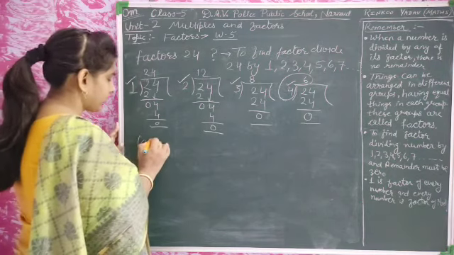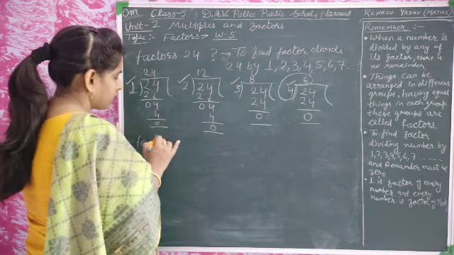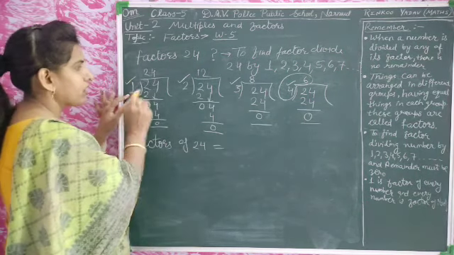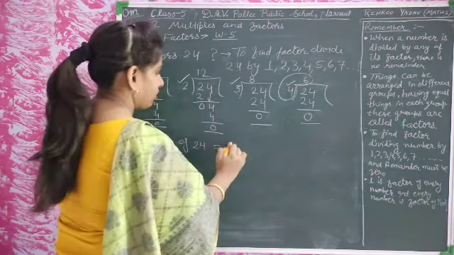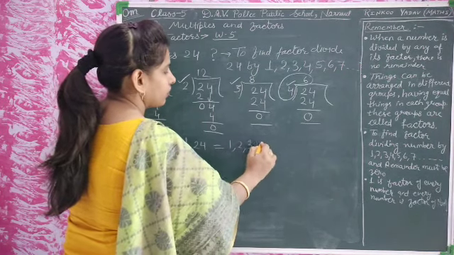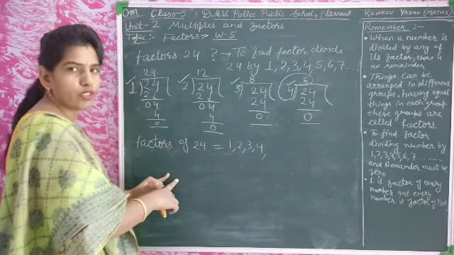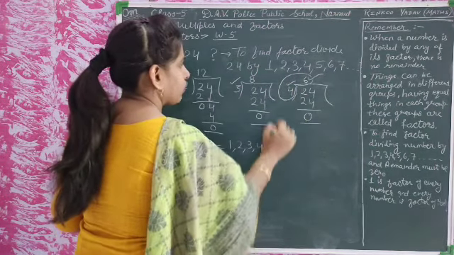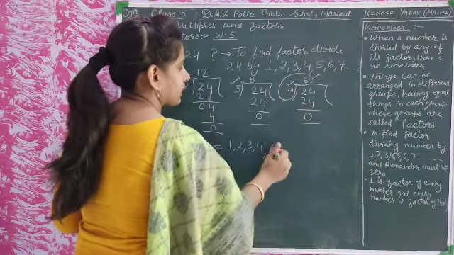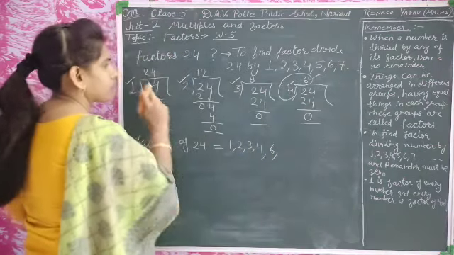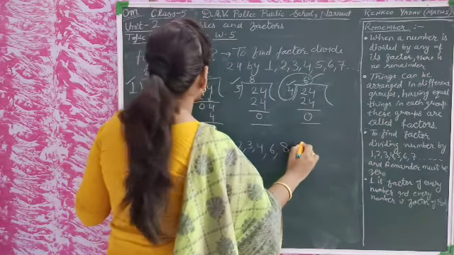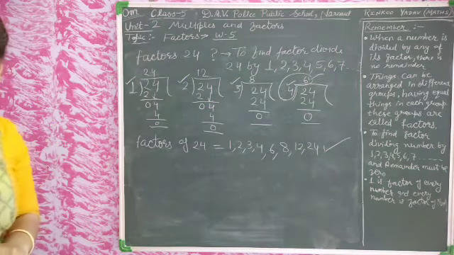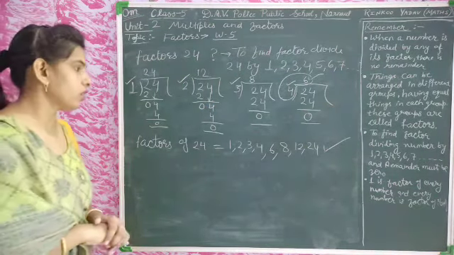The factors of 24 equal 1, 2, 3, 4. We have done 5, which is not a factor, and 6, which is a factor. So if both 4 and 6 are factors, then all these numbers become factors: 8, 12, 24 are also the factors. Is it clear, students? Okay.